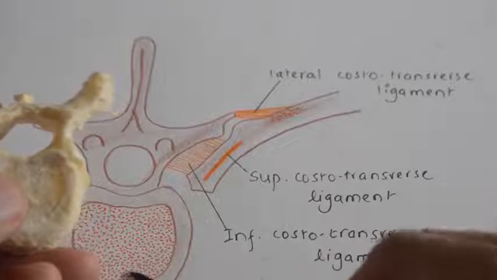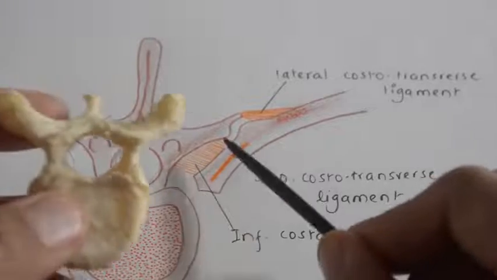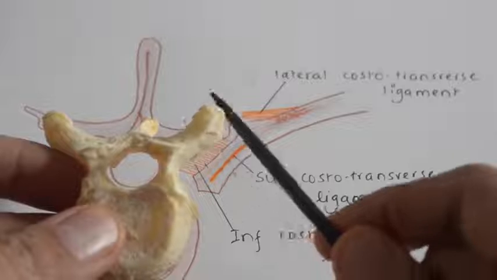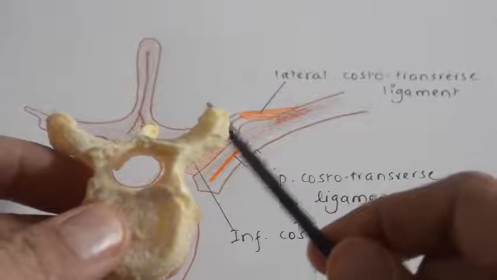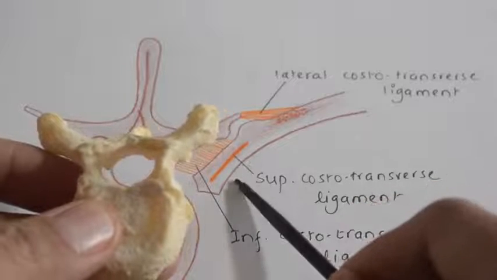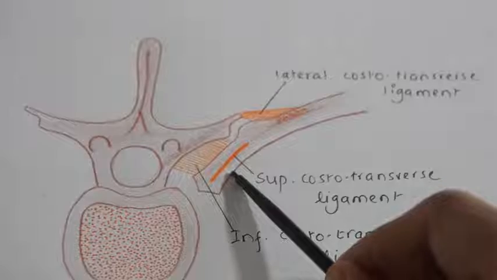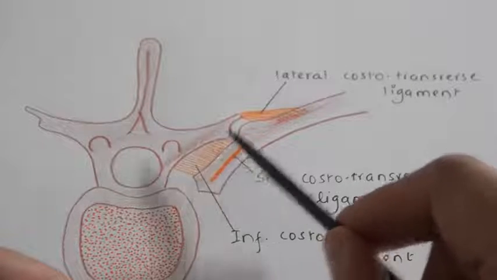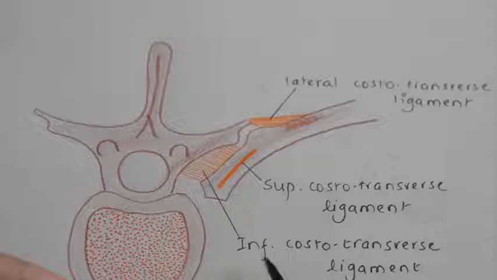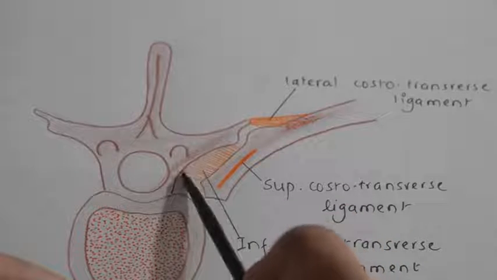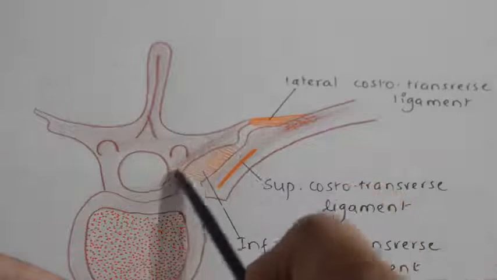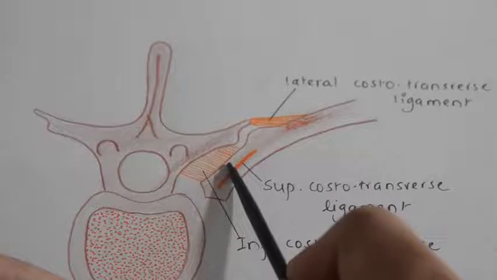Okay, so this is the numerically corresponding vertebra. So a vertebra which is connected above along its transverse process, along its inferior surface, this superior costotransverse ligament is connected. Now the posterior surface of the neck is connected to the inferior costotransverse ligament, here you can see, and that is connected to the anterior aspect of the transverse process of the corresponding vertebra.